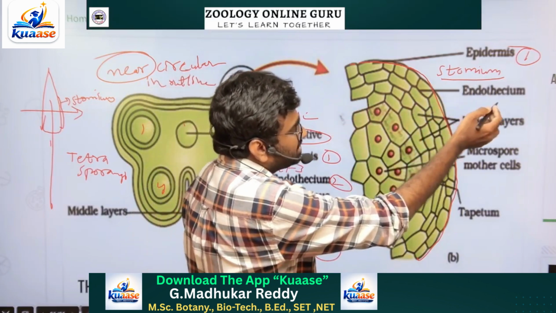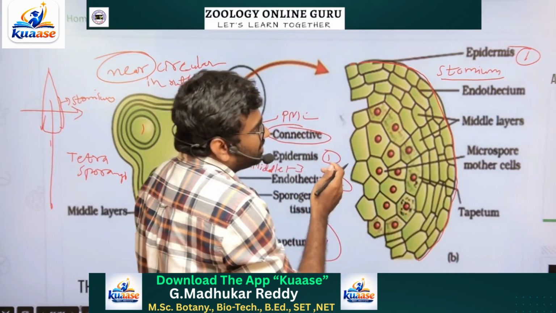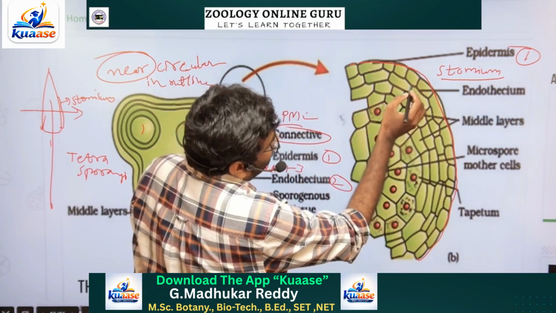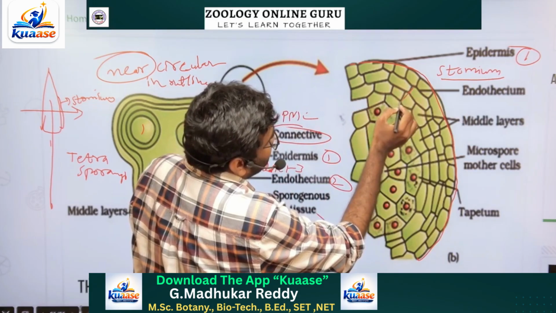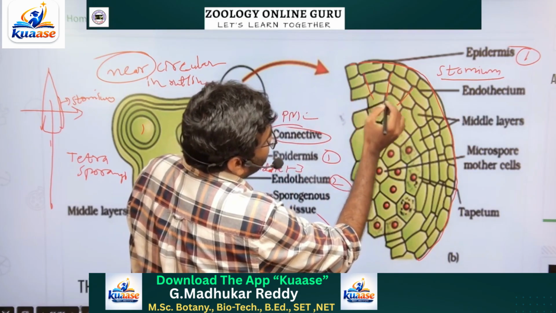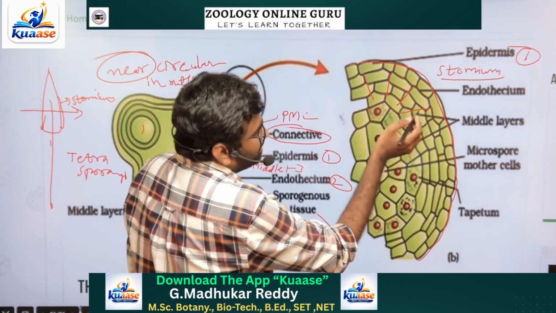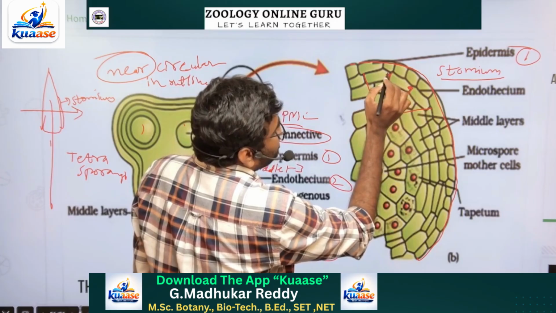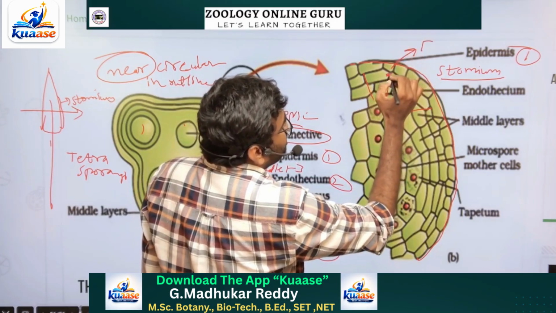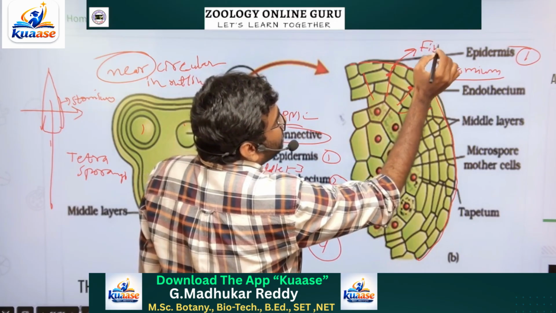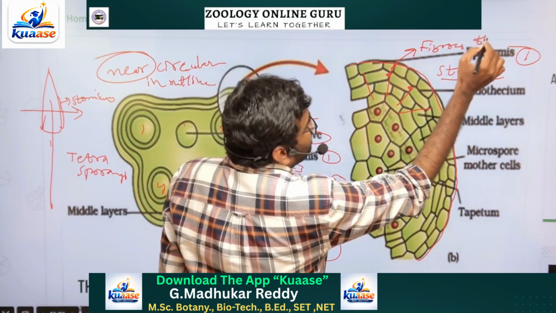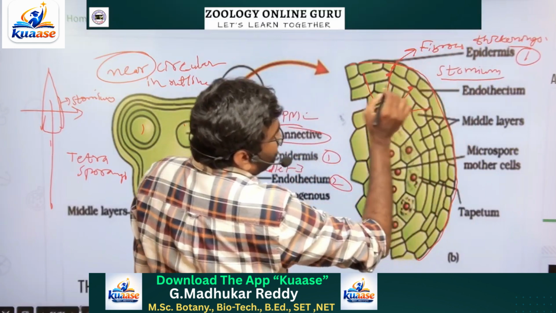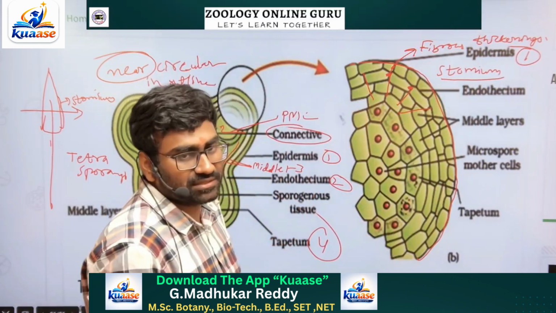This endothecium is the second wall layer. Here the cells expand radially. Radial expansion of cells takes place, and it contains mainly fibrous thickenings at the corners of the cells present in the endothecium.